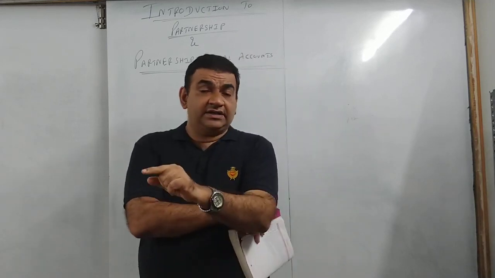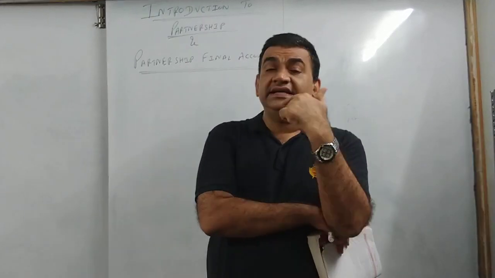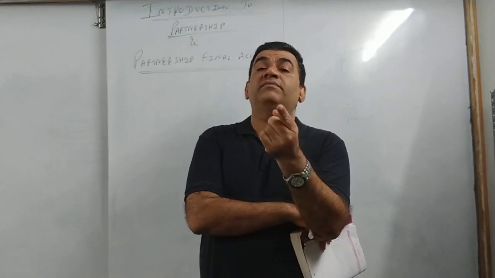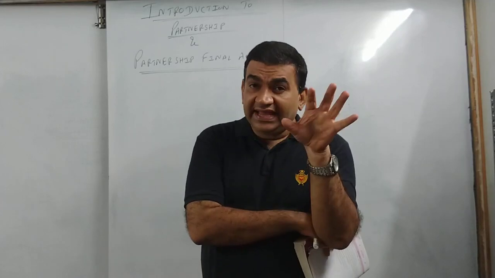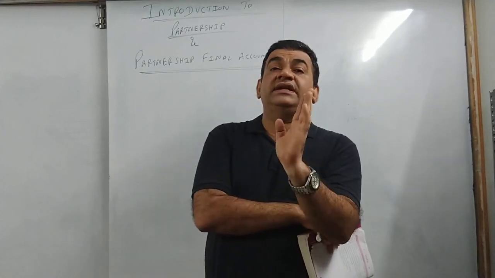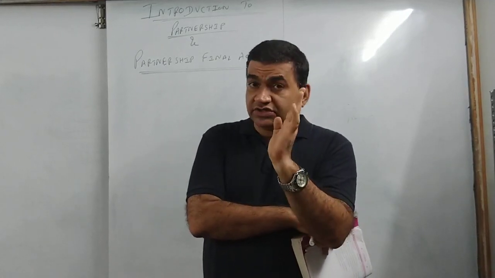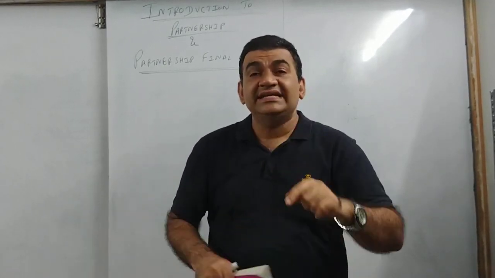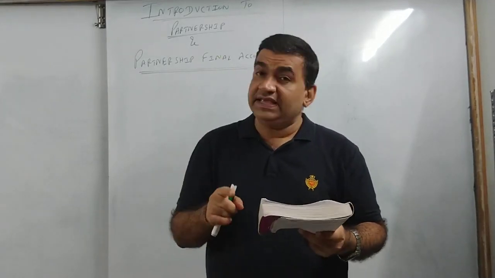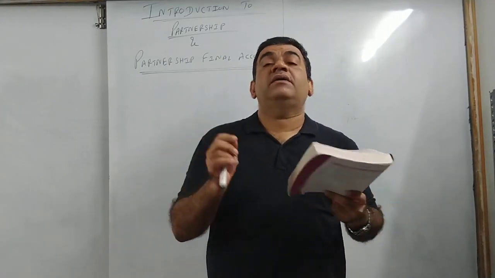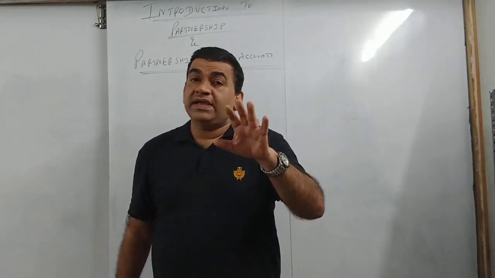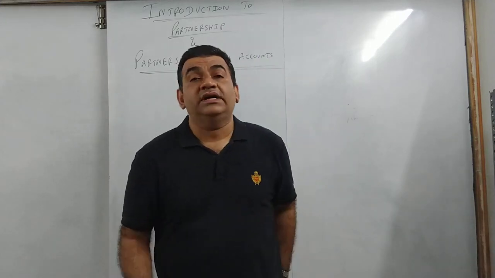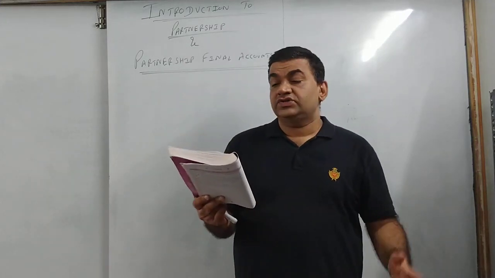C is not the owner, but he is representing Mr. B. So in that case, he is acting on behalf of B. So in India, he will be treated as a partner. Not on records, but he is representing B. So C will also be a part of partnership firm. Maybe not as a partner, but as a representative of the partner. Got it? So that was definition.